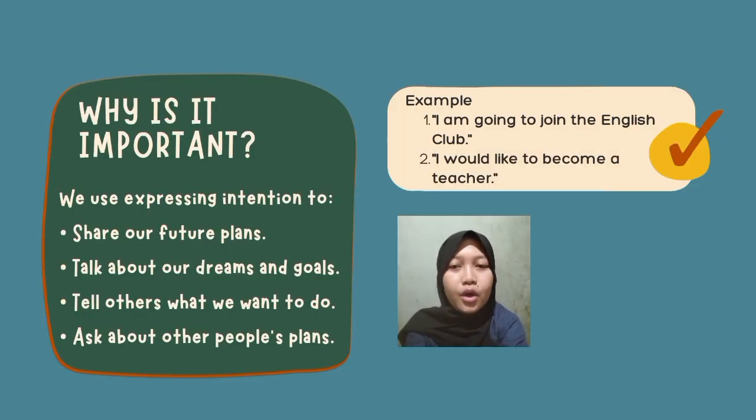Okay, now, why is expressing intention important? In daily life, we often talk about our future plans, goals, and dreams. For example, we may want to tell our friends about our weekend plans, study goals, or future careers. By learning expressions of intention, we can communicate these ideas more clearly in English.